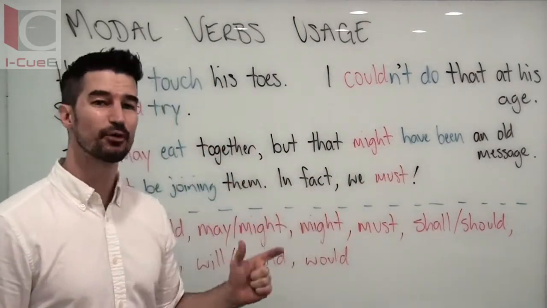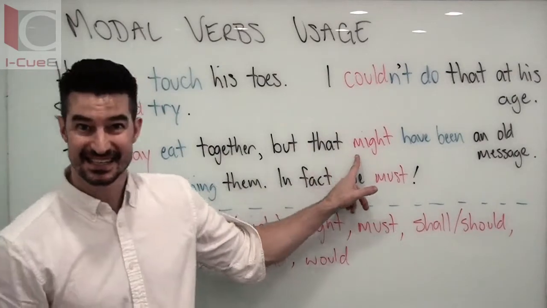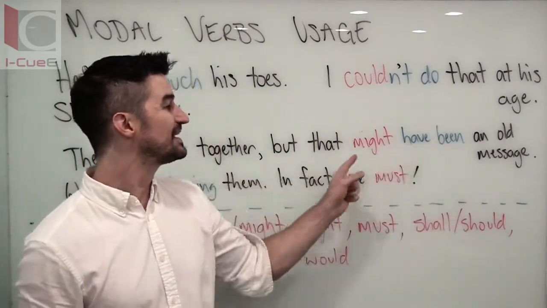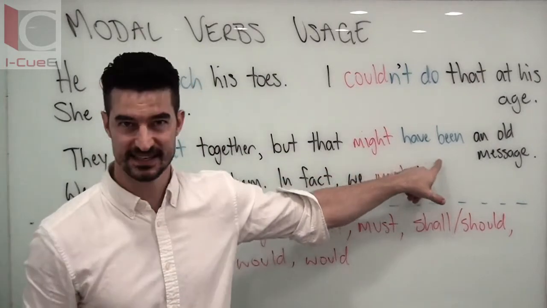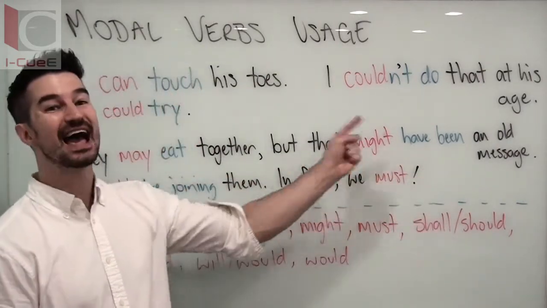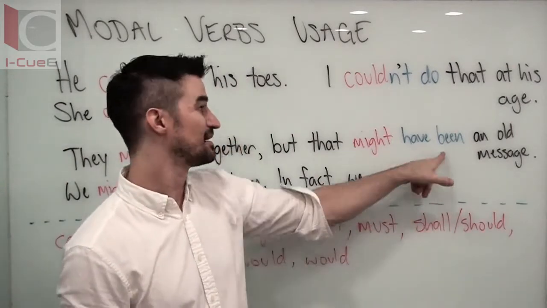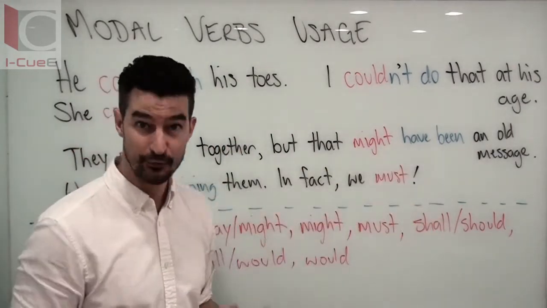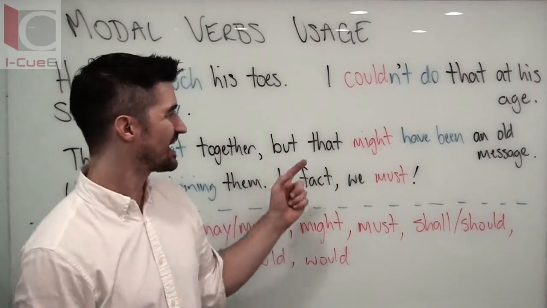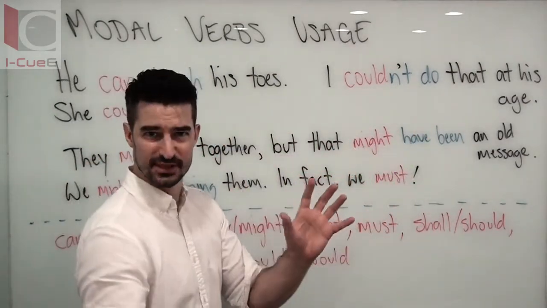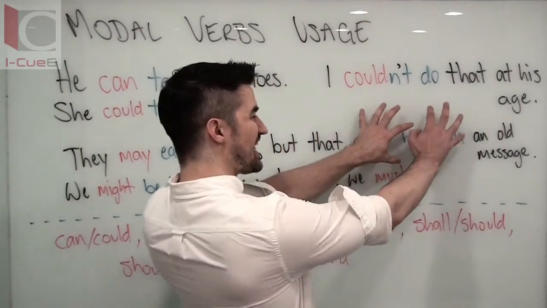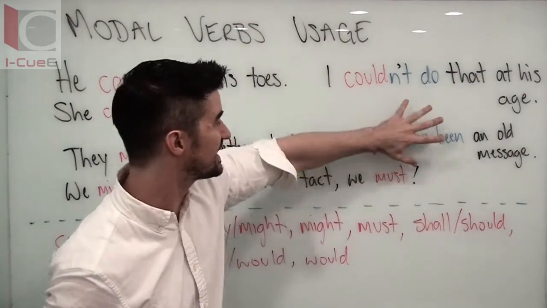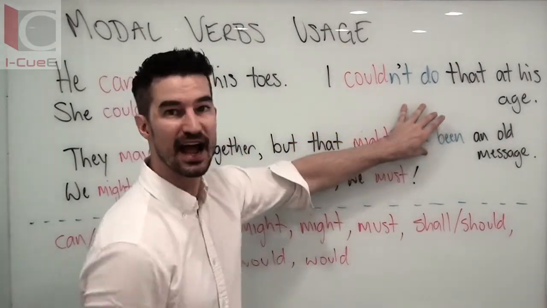Now, it's really important when we use the past tense of possibility that you recognize it's always going to be added with a perfect construction, okay? So it might have been. This is a past perfect construction, okay? And you need to be able to recognize that. To put it more simply, if I am certain, if it's no longer a matter of possibility, then what would this latter half of the sentence read?